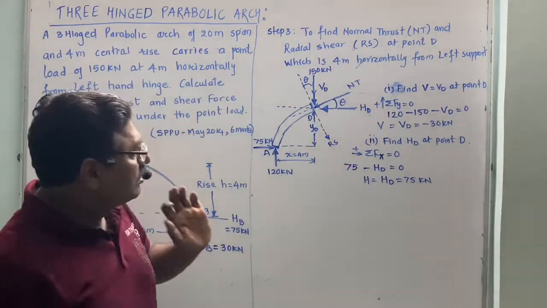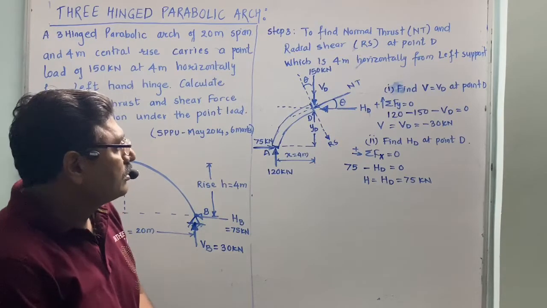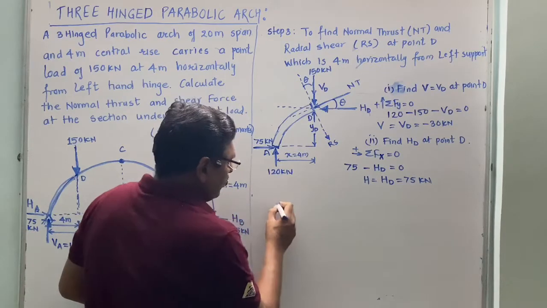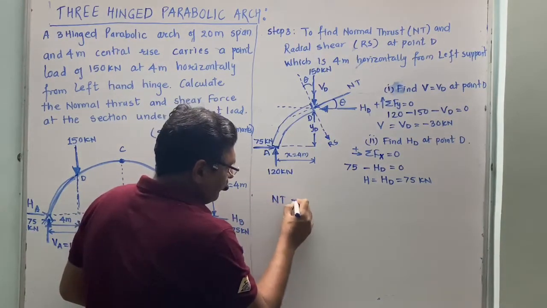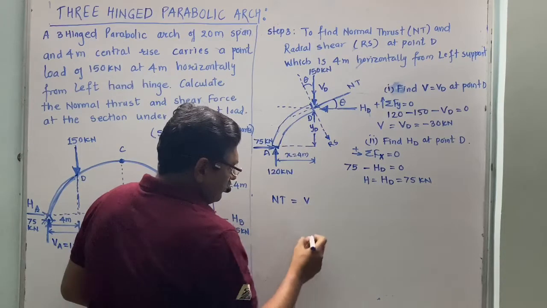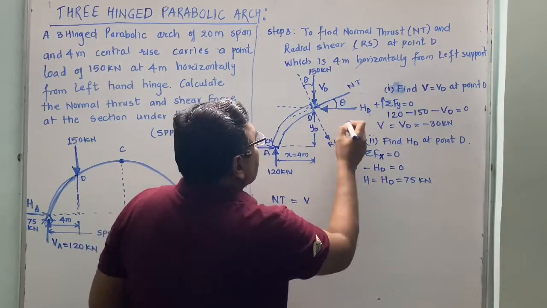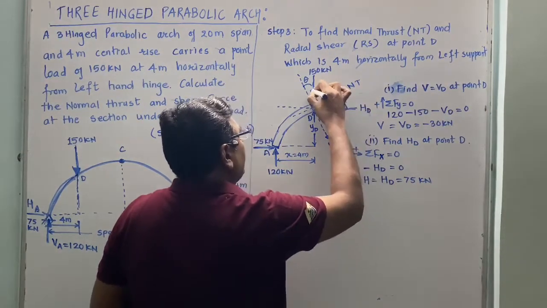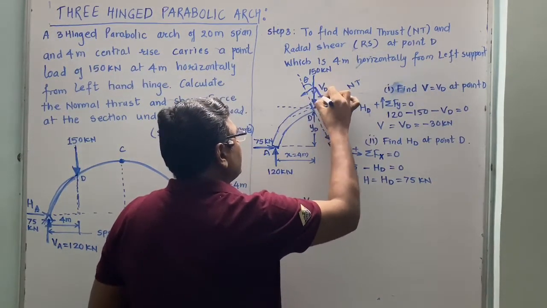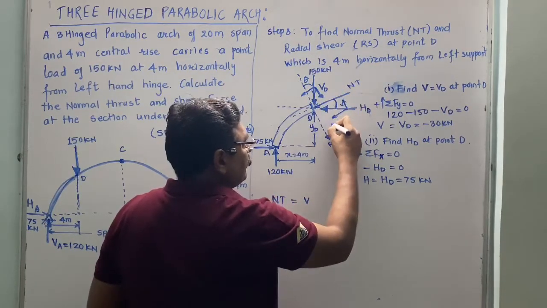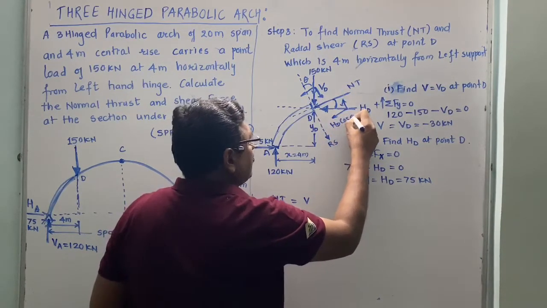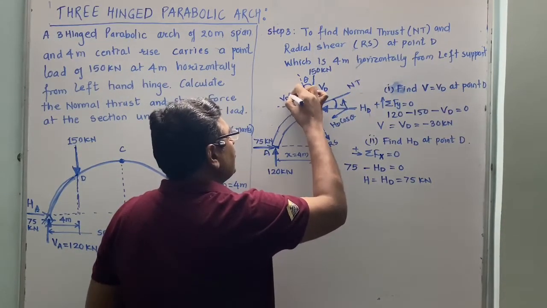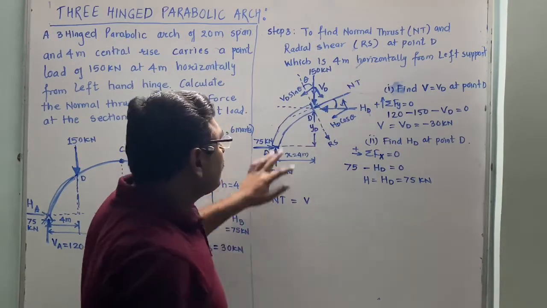Now to calculate this normal thrust, we have the standard formula. We can resolve these forces like this one, and this one like this. Theta is with respect to horizontal, so here HD cos theta, and theta is with respect to vertical, so this is VD sin theta.